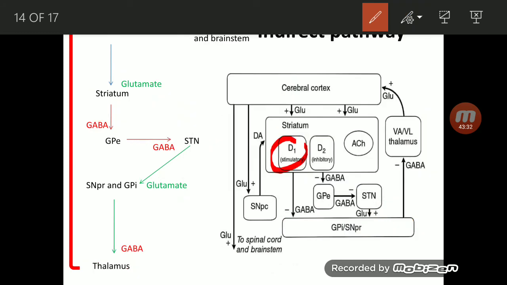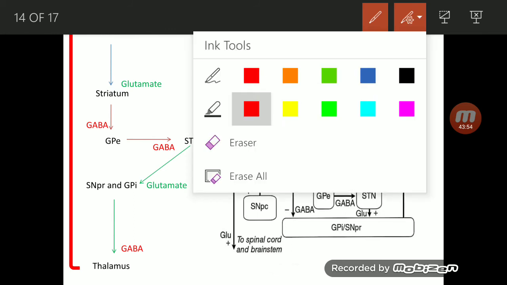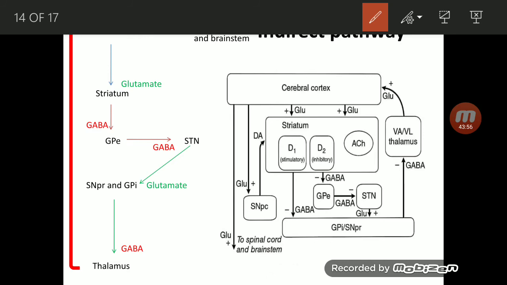So whenever you want to move, one pathway, the direct pathway, is telling you to move and the indirect pathway is telling you to stop. So there is always a clash occurring in your brain itself. The same signal is asking you to move through your direct pathway, and the same signal is asking you to stop through your indirect pathway.